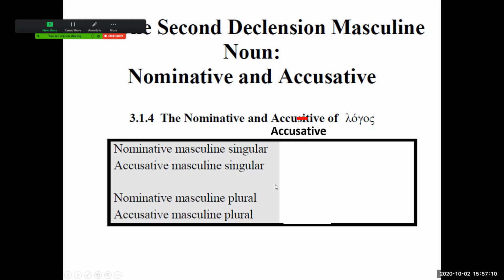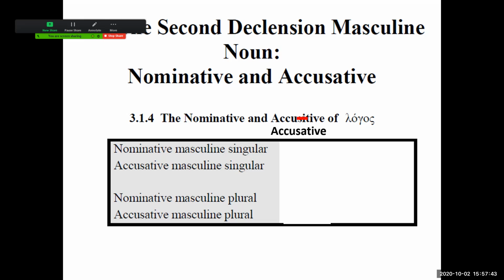But I remember I told you Greek is a language that inflects? Verbs inflect. That is, for example, they have different endings, and the ending tells us the subject. Nouns also inflect, and the inflection also at the end of the noun tells us the function. Is it the subject of a sentence?